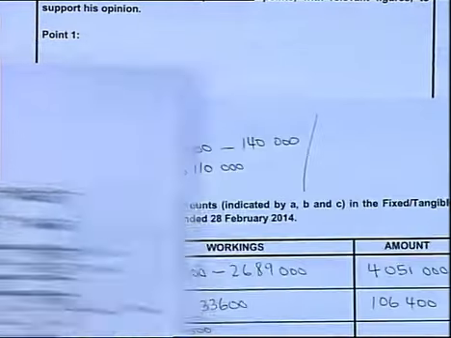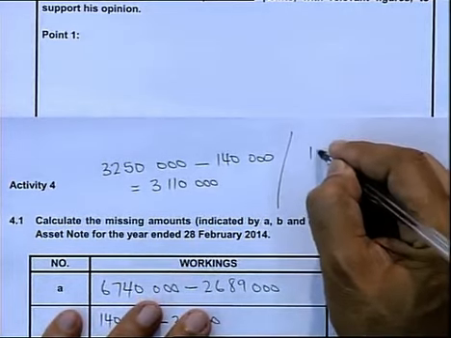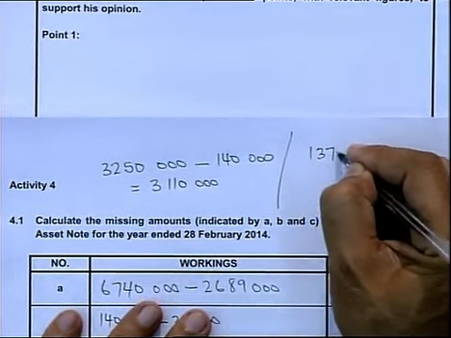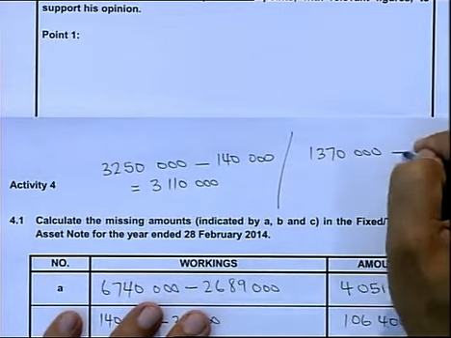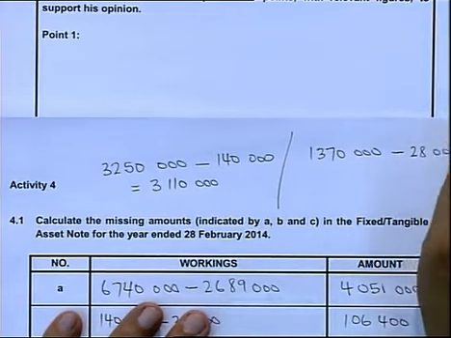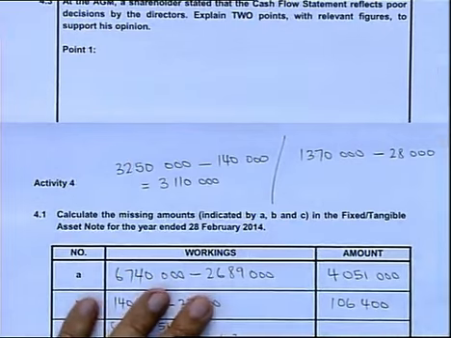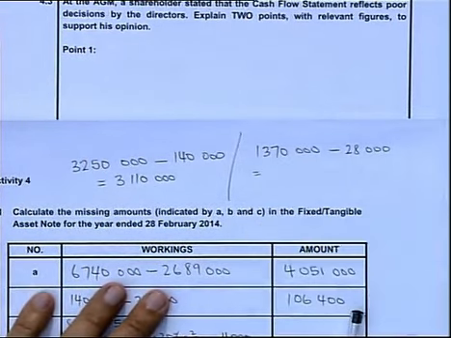So that's the figure that I start with. So the accumulated at the beginning, 1,370,000 minus the 28,000, which was the accumulated at the beginning. Okay. And that gives me an answer. So let's do that quickly.